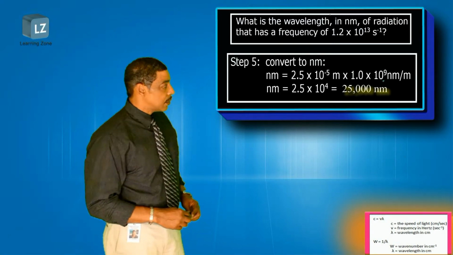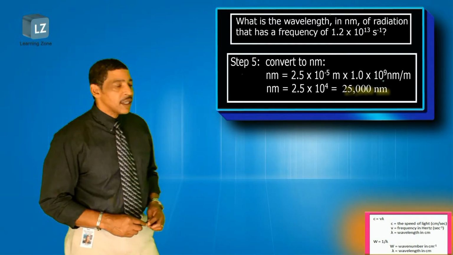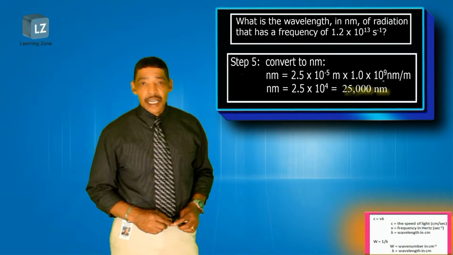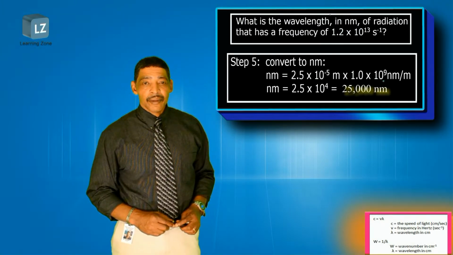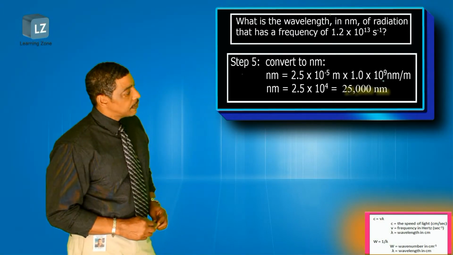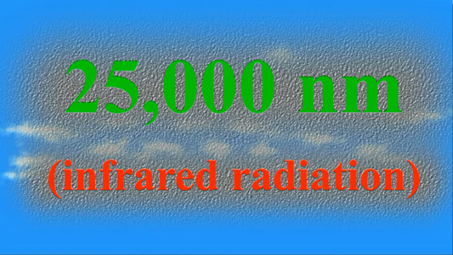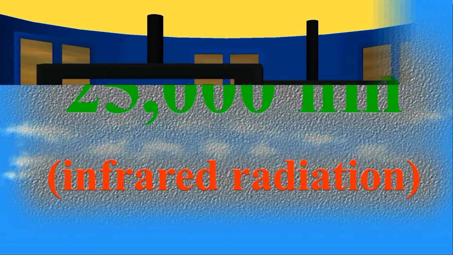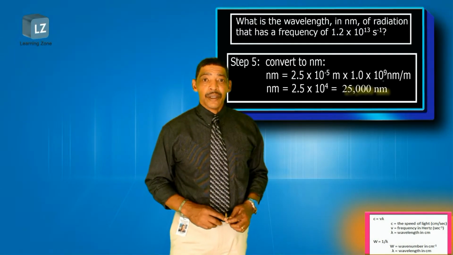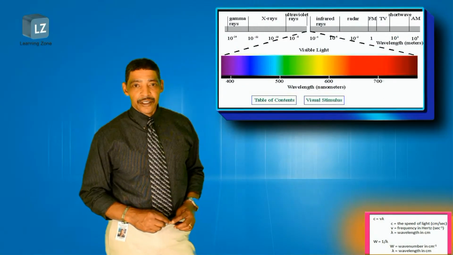To do so, multiply 2.5 times 10 to the minus 5 meters times 1.0 times 10 to the 9 nanometers per meter. In nanometers, the wavelength will then become 2.5 times 10 to the 4 nanometers, or 25,000 nanometers. This particular wavelength will place the radiation in the infrared range.